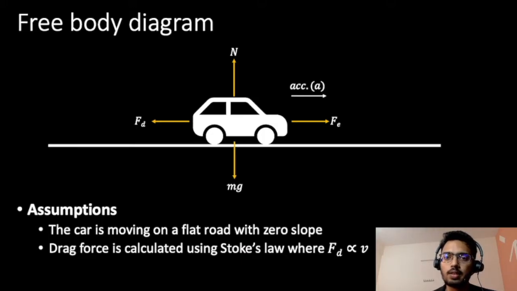But in this case we have taken Fd proportional to V just to simplify the scenario, because if we take Fd proportional to V square, we won't have a linear differential equation, and that would complicate the calculations. So for simplicity of the situation, we are considering aerodynamic drag force as being directly proportional to V, as defined by Stokes' law for small objects.